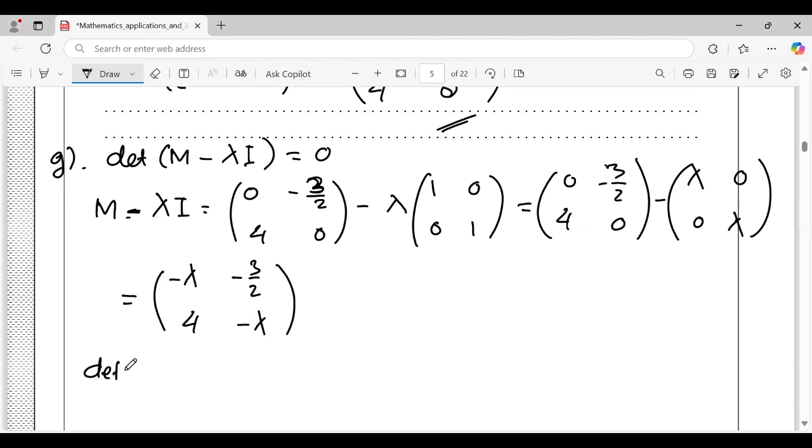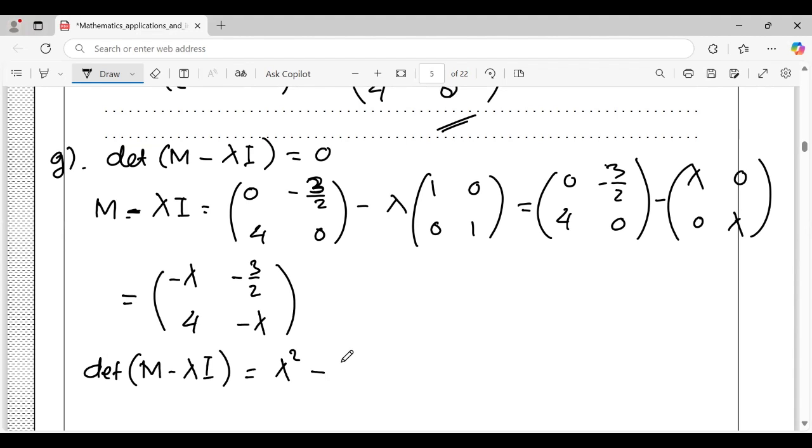And the determinant of this matrix M minus lambda I is minus lambda times minus lambda, lambda squared, minus 3 half multiply 4.